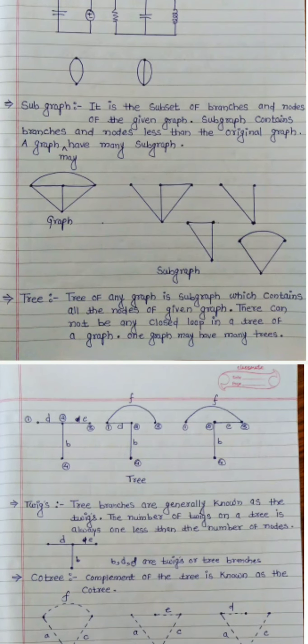The tree contains all the nodes of a graph and does not contain any closed loop. Suppose for the above graph there can be many trees. The examples of trees are shown here.